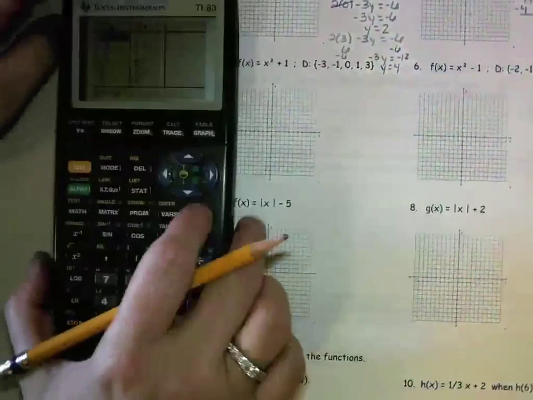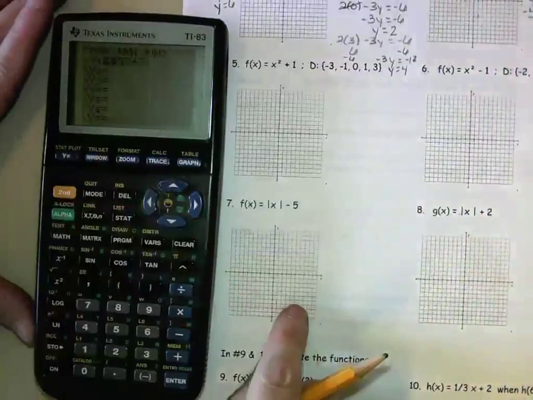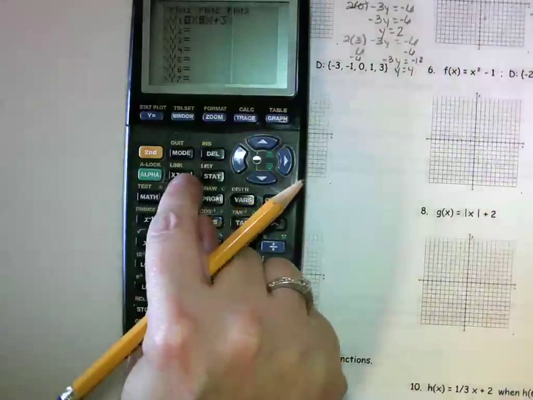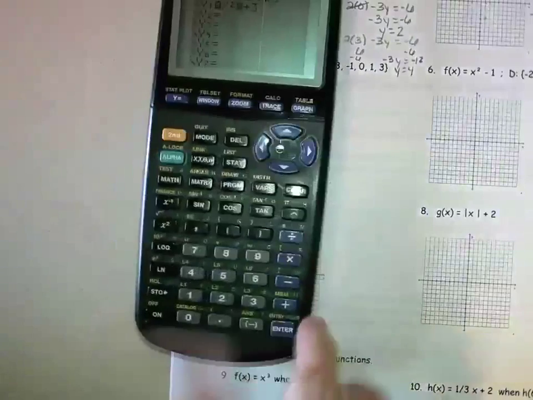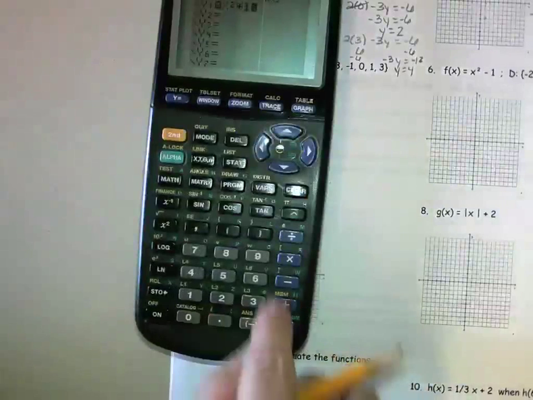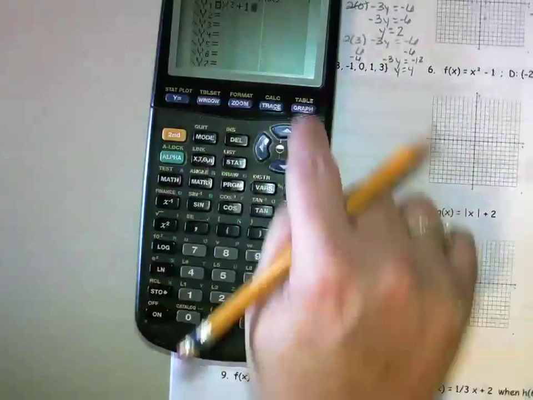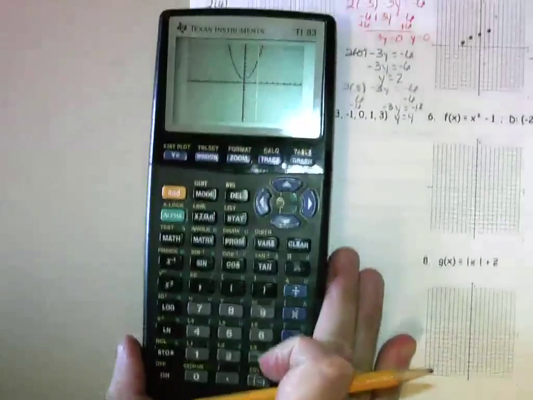Number 5, I'm going to enter this one in our graphing calculator again. Go to y equals, you're going to do x, which is right here, squared, which is right here, and then plus 1. And I'm going to hit delete to get rid of that stuff that's still on there. When we graph this, that's a parabola.